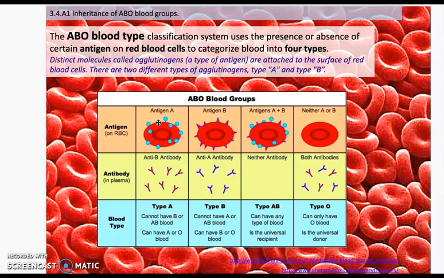So blood type A has A antigens on the outside of the blood cells. Blood type B have these antigen B proteins out on the outside of the blood cells. AB blood type has antigens A and B on the outside of the blood cells. And then something interesting about O is they actually don't have any of these antigens on the outside of their blood cells.